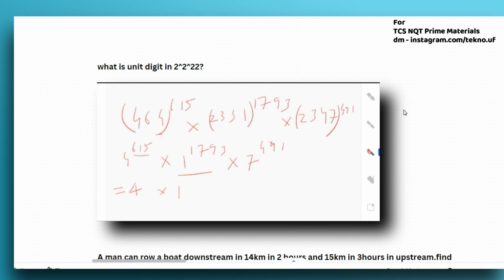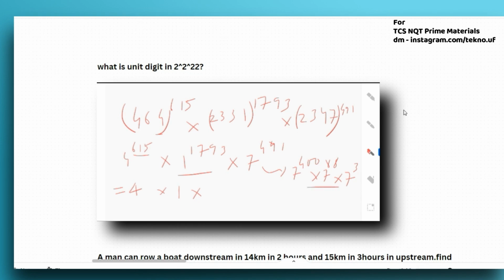So we can write 7 to the power 491 as 7 to the power 400 multiplied by 7 to the power 88 and 7 to the power 3, right? So 400 plus 88 plus 3, that is 491. So we can represent 7 to the power 491 as this, right?